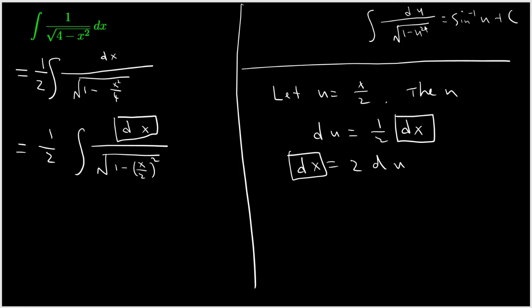Now I will move back to the left-hand side and rewrite the integral to a new integral of u. You have 1/2, and on the numerator, dx becomes 2 du. I can leave 2 out of the integration notation. Again, dx becomes 2 du.